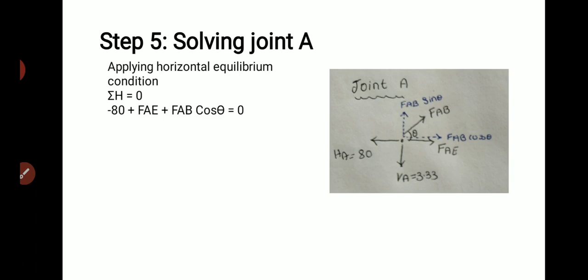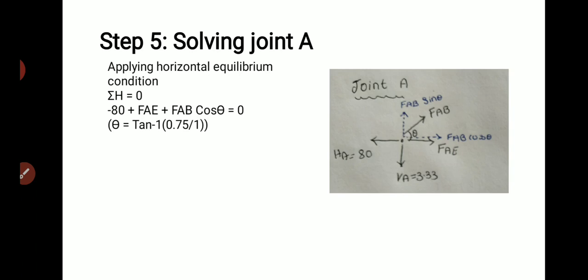Theta is not determined here, so I need to determine theta first. Theta is equal to tan inverse of 0.75 divided by 1. Tan theta is nothing but opposite by adjacent.